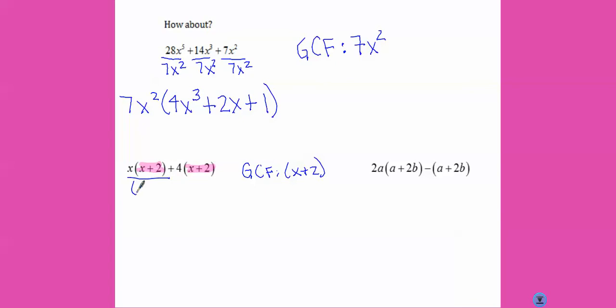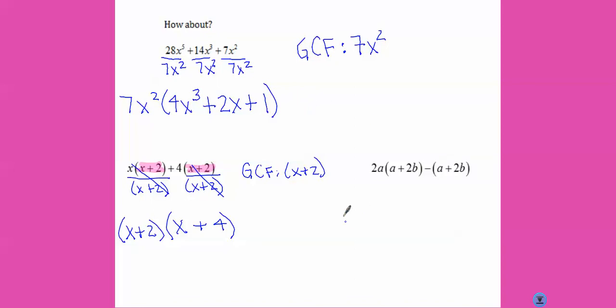So if we take that out, take out the x plus 2, those are gone, we're left with x, plus these are gone, we're left with 4.